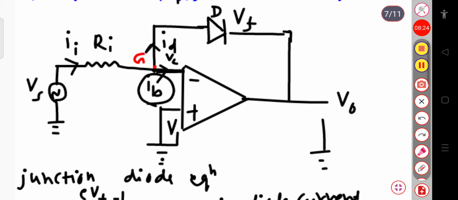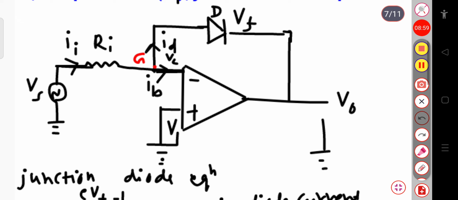This virtual ground concept says that when the non-inverting terminal is connected to the ground, that is V1 equal to 0, the differential voltage between the two terminals, VD equal to V1 minus V2, is equal to 0 for the ideal case. Since IB equal to 0 and V2 equal to V1 equal to 0, we can write II will be equal to simply ID.